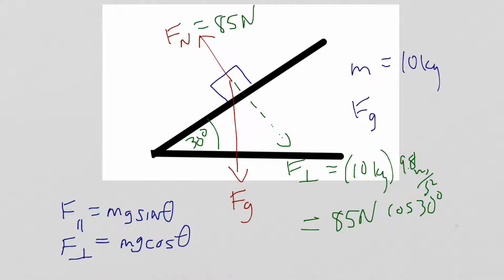Now, if I want to know the force of friction, which is holding it there so it's not sliding down, then I need to figure out what's called F parallel, which is the other component of Fg.